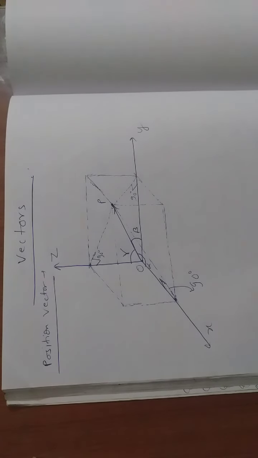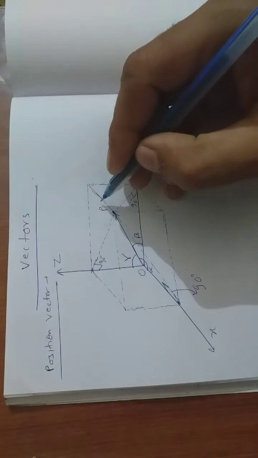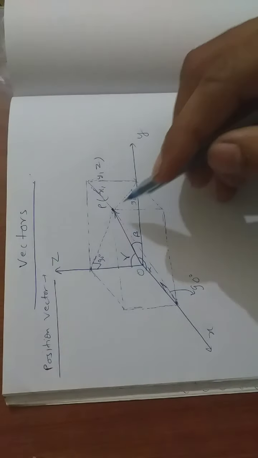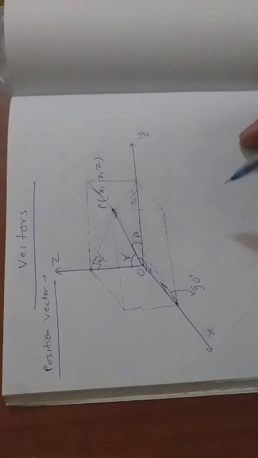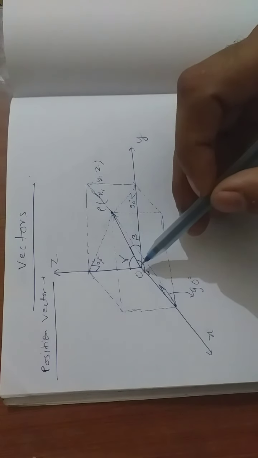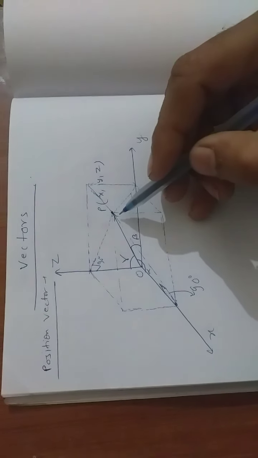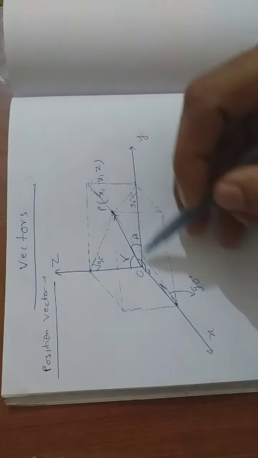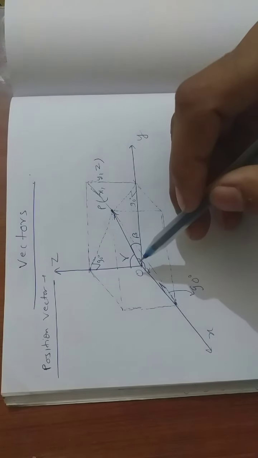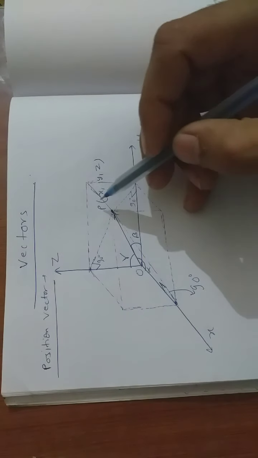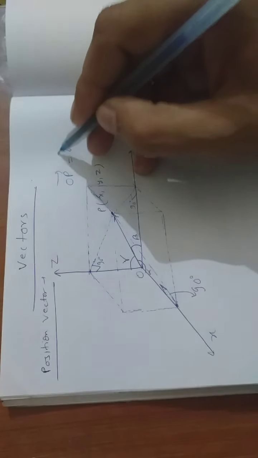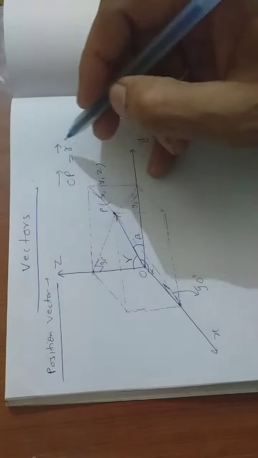These are the coordinates of point P in space with respect to origin O. If we join O and P and give a direction from point O to point P, then this directed line segment OP is a vector, and it is called the position vector of point P. We note vector OP as vector r.